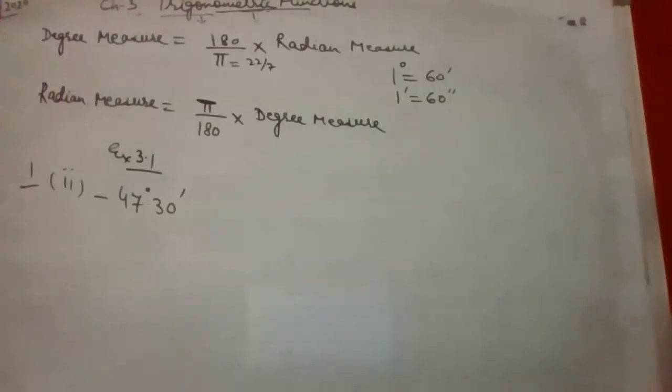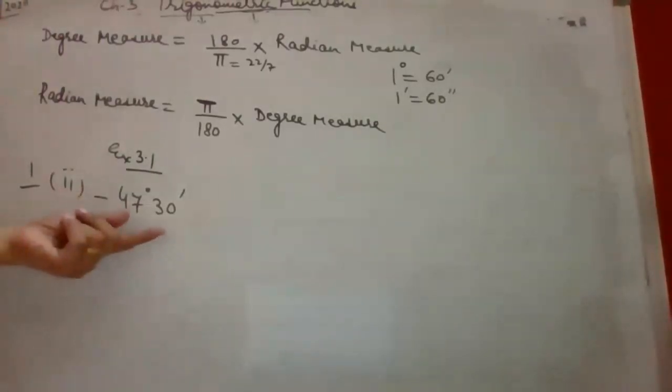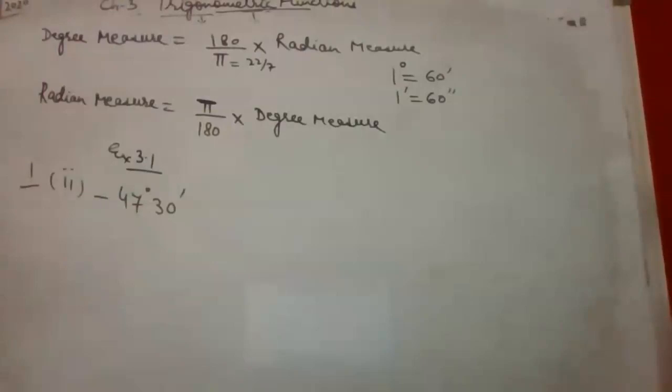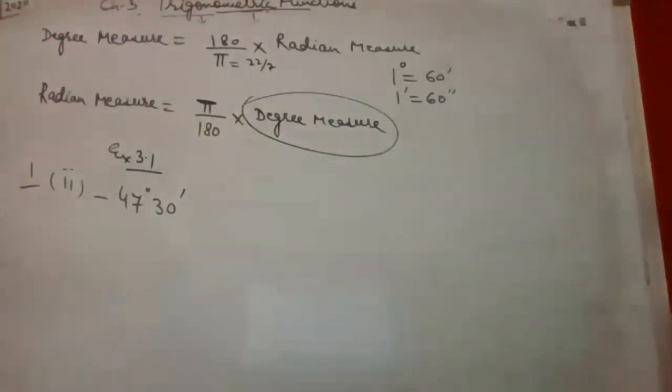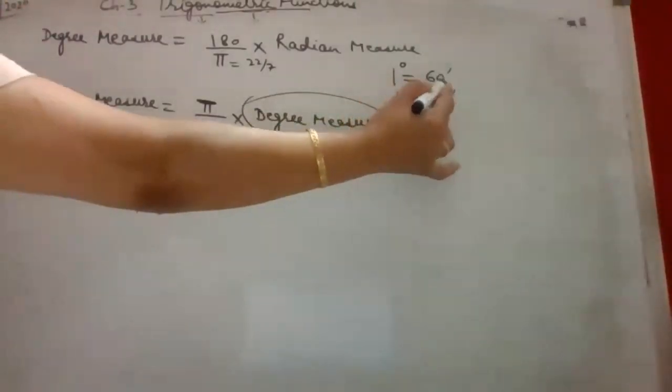Now we need to convert this degree measure to radian measure. Because we have the formula, degree to radian, we have to convert this completely in terms of degrees. Now what to do for these minutes? We first of all will convert these minutes completely to degrees. And we know the relation 1 degree equal to 60 minutes.